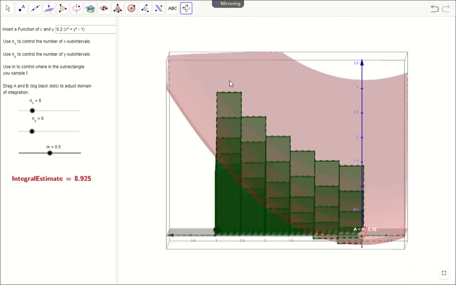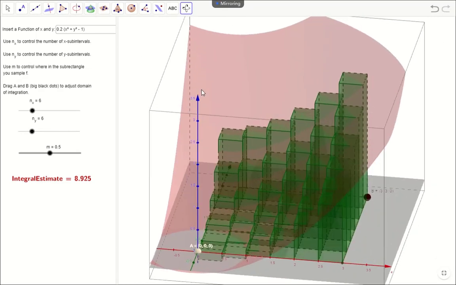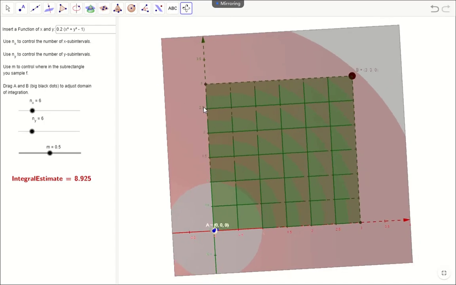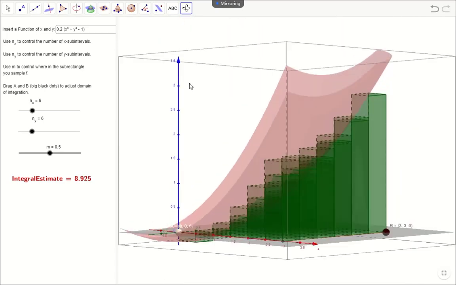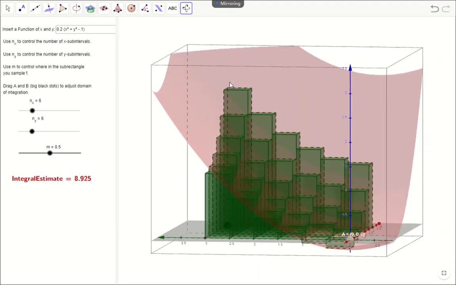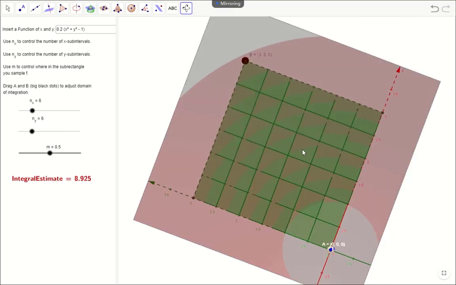But what I could do is create a bunch of little square prisms, like I have here. And I set the height of the square prism to be the value of this function, or the height of the curve, somewhere inside the square.